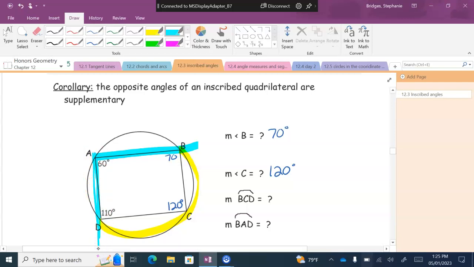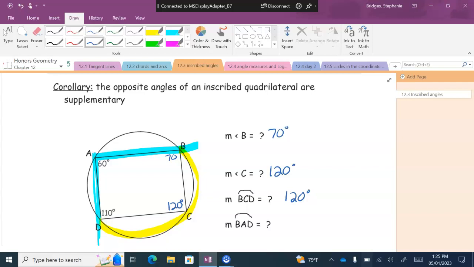Yes. Okay. So what is angle A? 60, which means that arc is going to have to be 120 because we know inscribed angles are half of their arc. So if I have the angle measure, I just double it, and my arc is going to be 120. It has nothing to do with angle C.